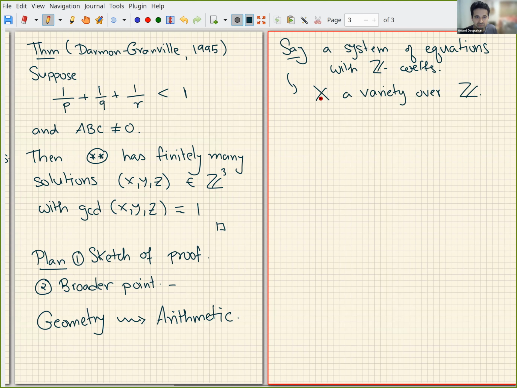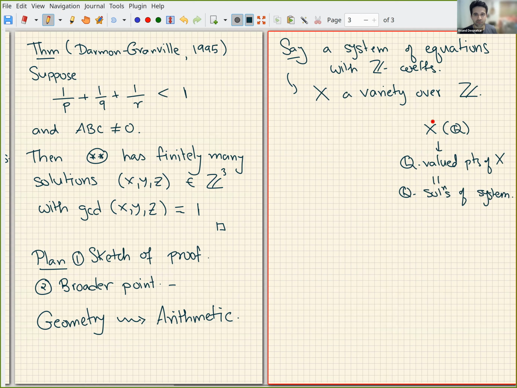And you're interested in, let's say, the integral or rational solutions of the system of equations. So this is just shorthand for rational valued points of X, which is the same thing as Q-valued solutions of the system.